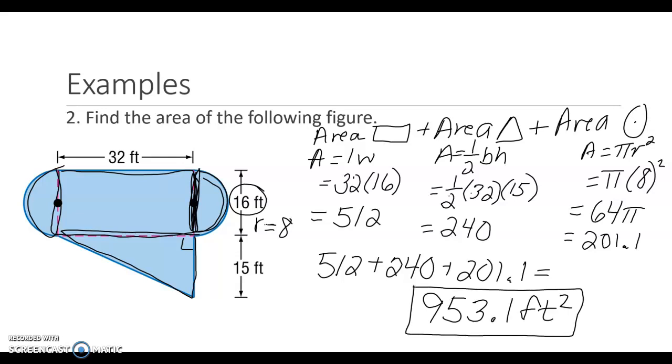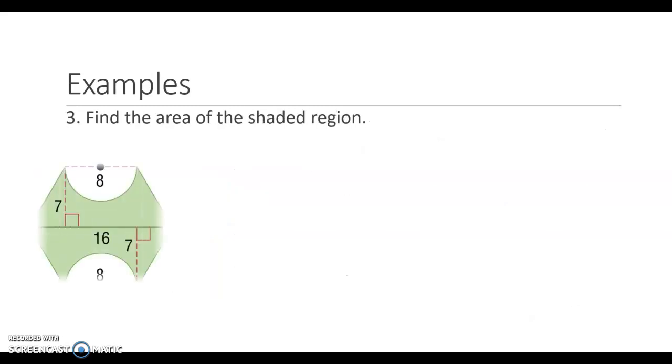Moving on. When I look at this figure, I see one trapezoid, and another trapezoid, which is the same. So two identical trapezoids with the same height and the same bases there.